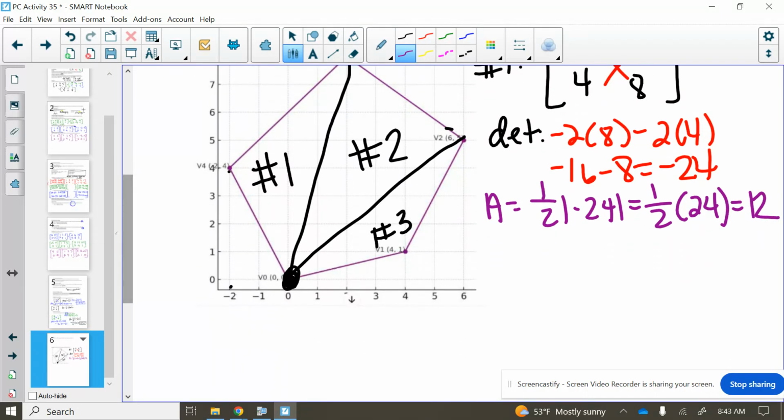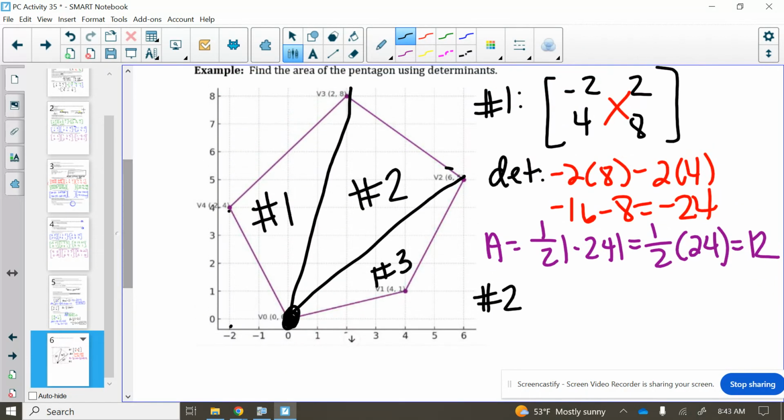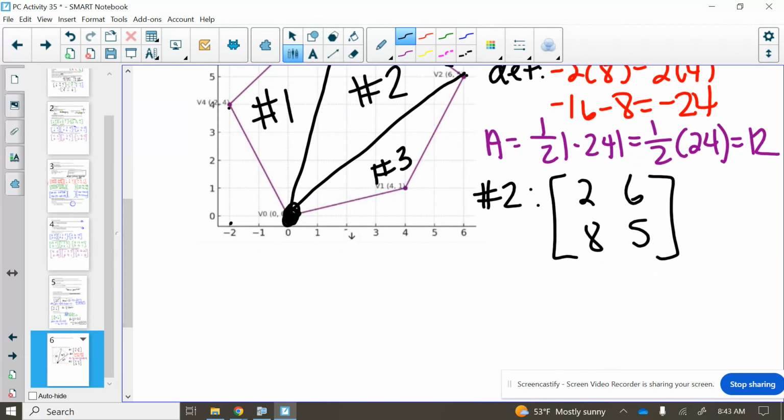And then we're going to repeat that process for triangle number 2. Triangle number 2 has vertices at 0, 0, and then the other ones would be at 2, 8, and 6, 5. And again, we're going to first look for the value of that determinant.